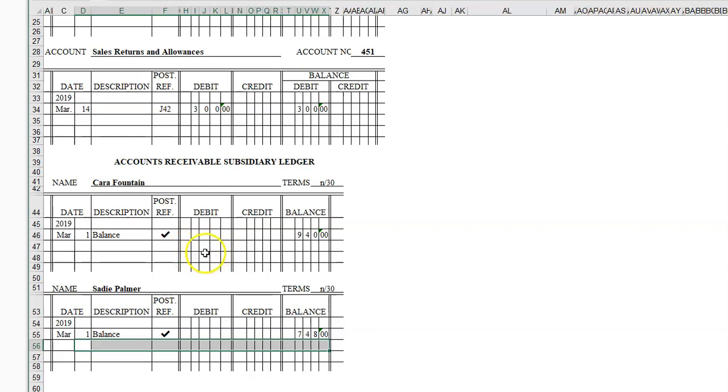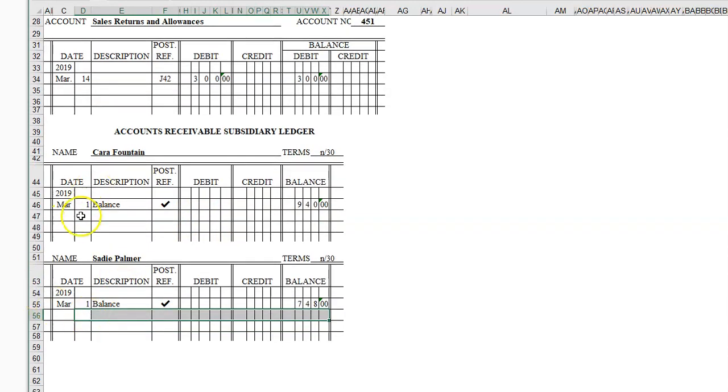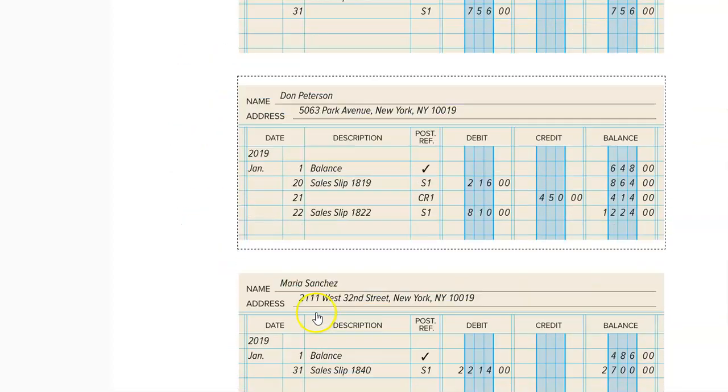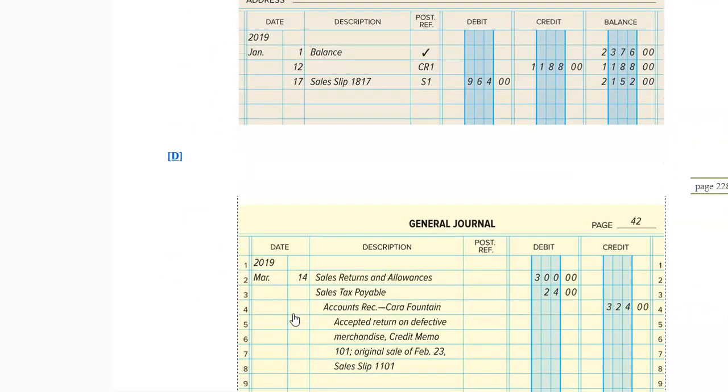So let's first look at the credit memo we're going to put in for Kara. That was on March 14. And there's a credit memo for that. She gets a credit of, let's go back to the page and see what that is. $324.